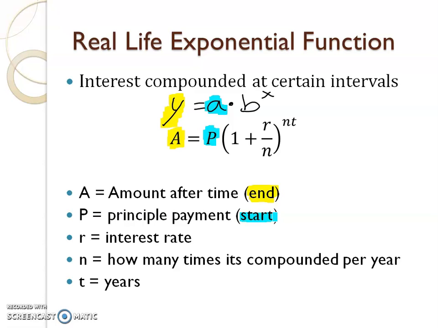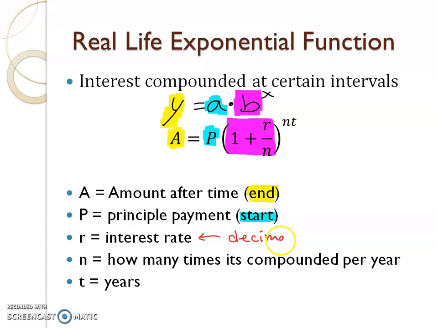Then, this is where it gets a little bit different. The b, your rate of change, is this whole thing right up here: 1 plus r over n. So what is my r? Your r is going to be your interest rate.